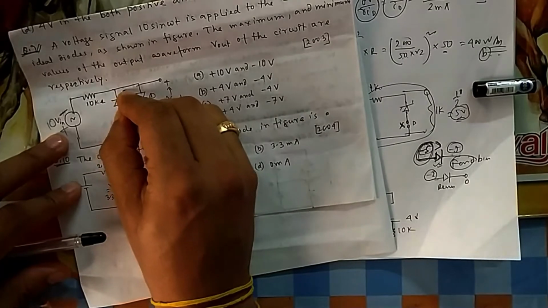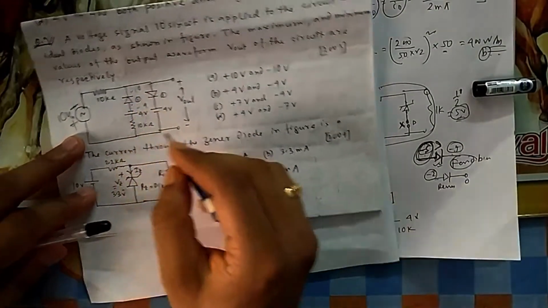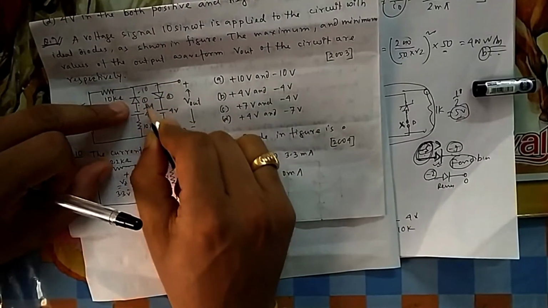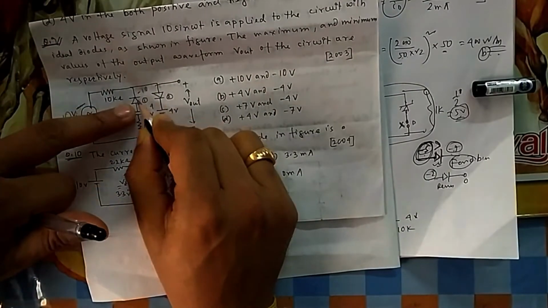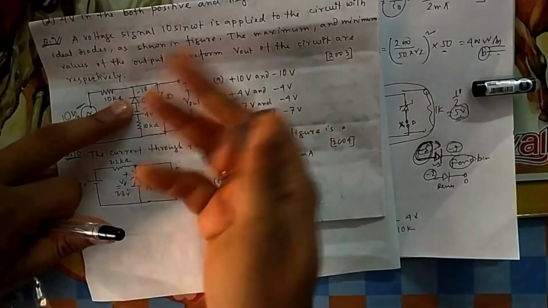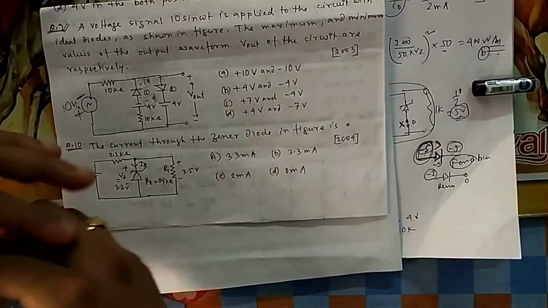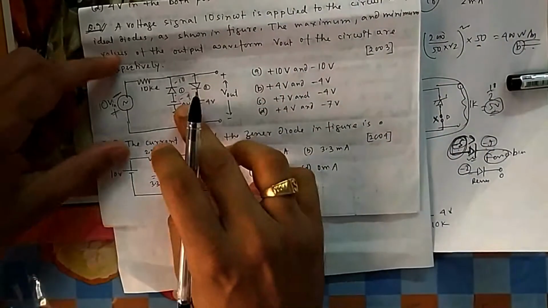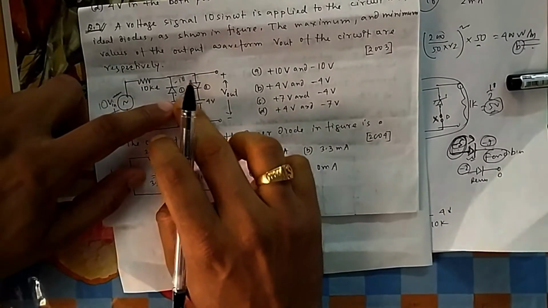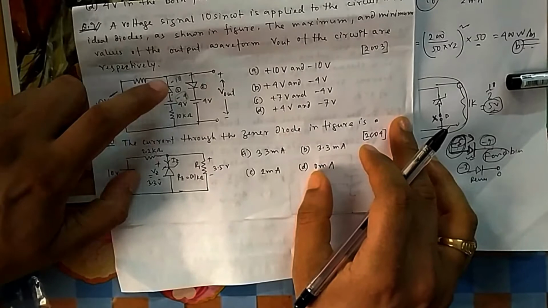This is minus 10. And what is the voltage here? This is minus 4. So you see this terminal is higher because minus 4 is greater than minus 10. So obviously that's why this is forward biased. Both negative, still it is forward biased, because this should be at higher potential than this. So don't have any misconception that it should always be positive. No, it should be greater than that. That's it. Because it is greater than that voltage, that's why it is forward biased.